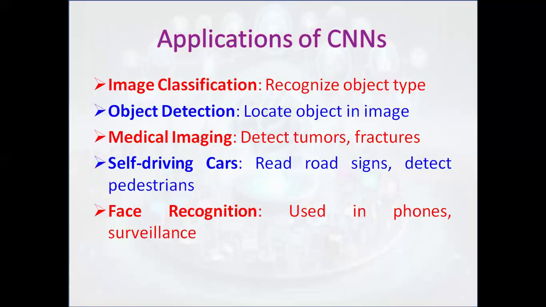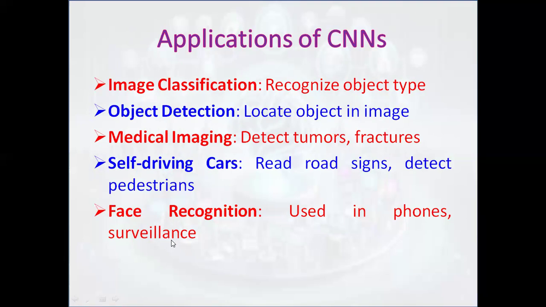Next, coming to the applications of CNNs. In image classification, CNNs label the entire image with a single category, such as dog or aeroplane. In object detection, CNNs not only identify what objects are present but also locate them within the image. In medical imaging, CNNs are used to detect tumors, fractures, or other anomalies in X-rays, MRIs, and CT scans.